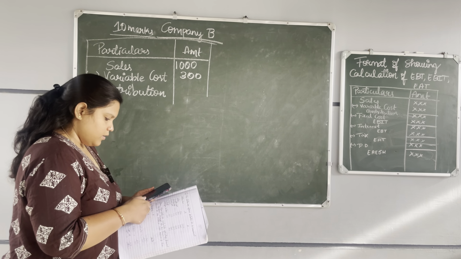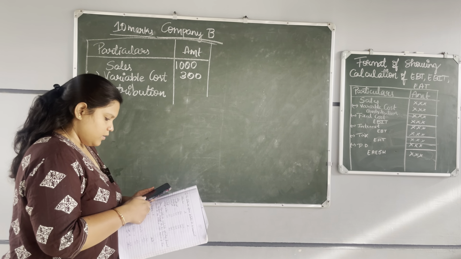In the previous problem we did three calculations: one is operating leverage, second financial leverage, and one more main thing added, that is combined leverage. So in this problem for company B also we have to do three methods, the first being operating leverage.